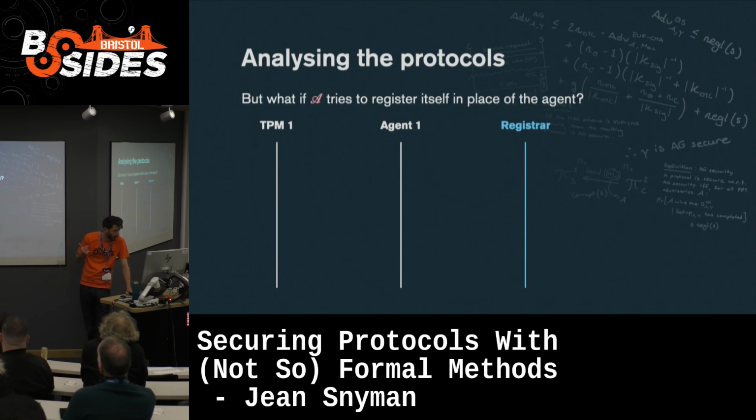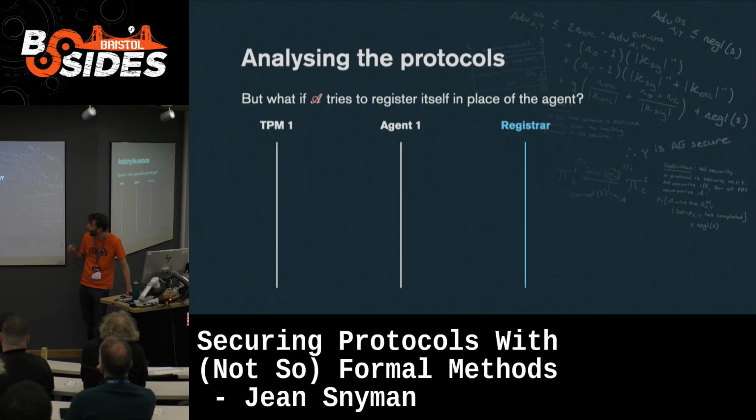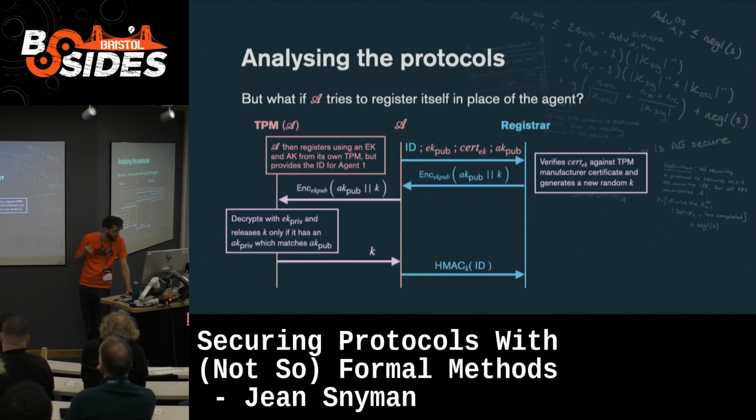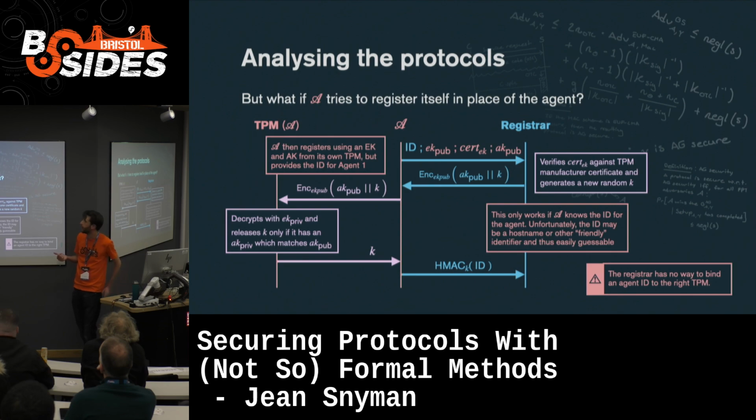We also tried to fix the issue by implementing mutual TLS between the agent and the registrar. But that also doesn't fix the issue because, again, the adversary can read the file system of the node. So even though there's mutual authentication, it can retrieve that private key from the agent, and so it can still sort of impersonate the agent.